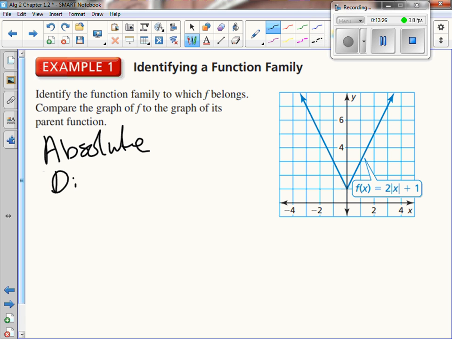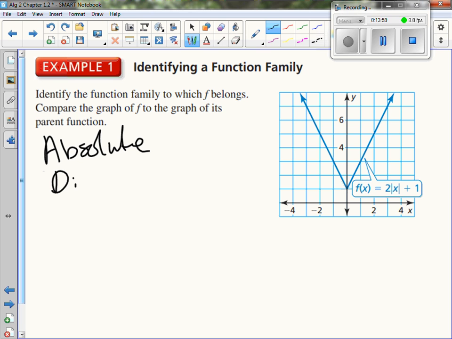What's the domain of the absolute value function? Anybody can answer. Well, on page 1, what does it say for absolute value? Domain: all real numbers. Because the only way that we can get an x value that is not all real numbers is if it causes us to divide by 0 or something that doesn't work.